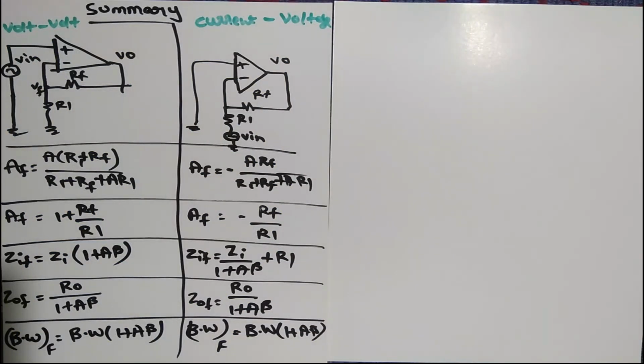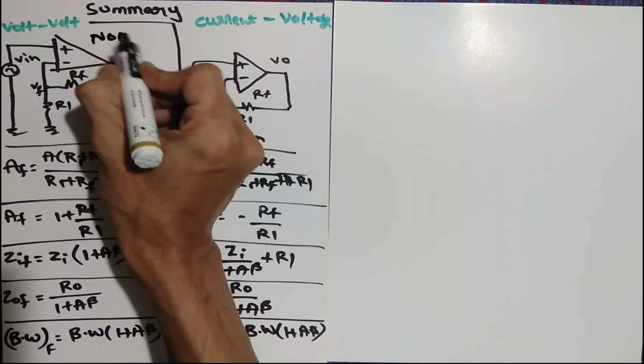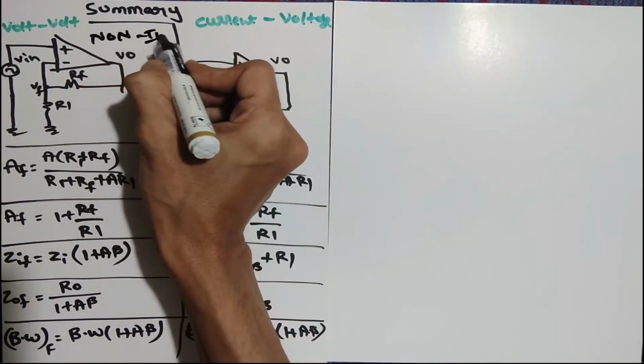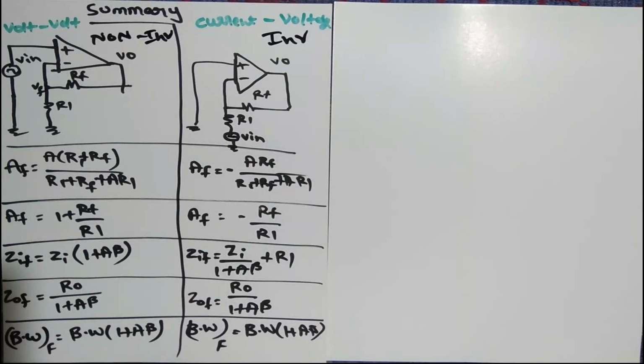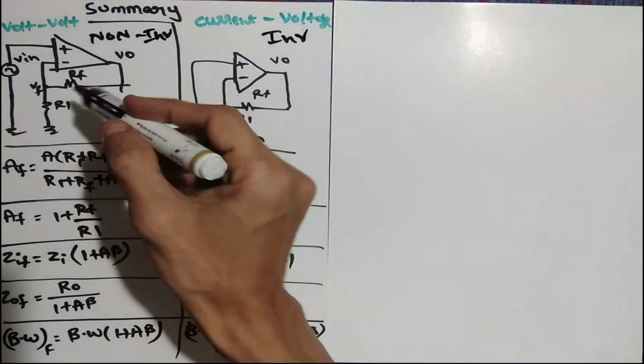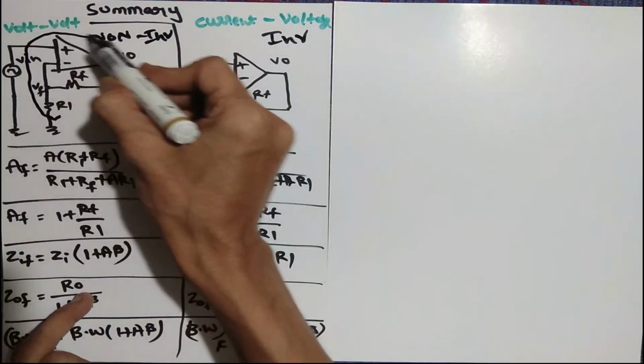Now I have done one summary portion. This is like a reminder of how we can get the inverting and non-inverting amplifier. This portion we are calling non-inverting, and this is nothing but inverting. So how can we write this circuit? See, in the circuit diagram it is closed loop. The portion of this one always remains the same.